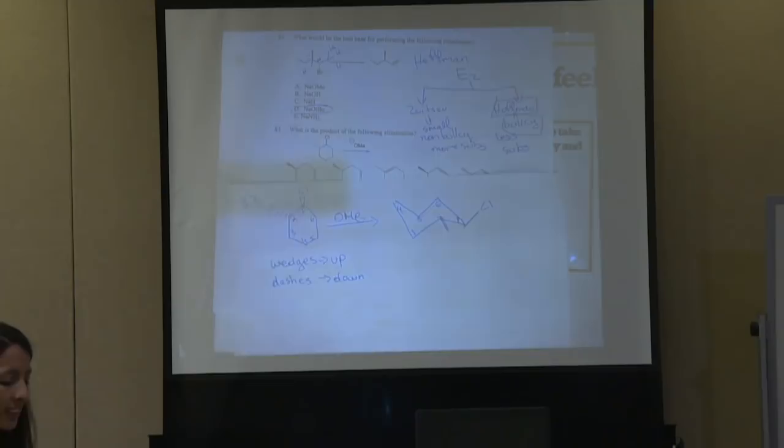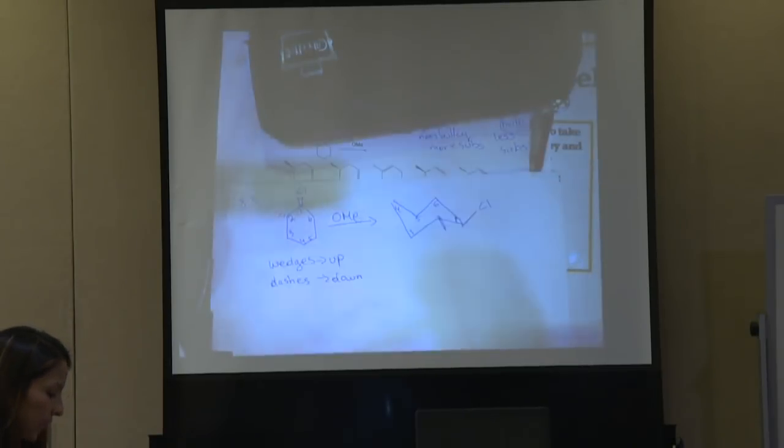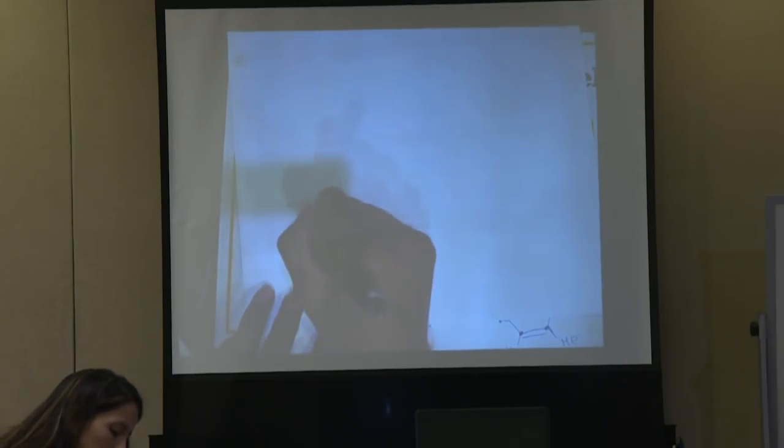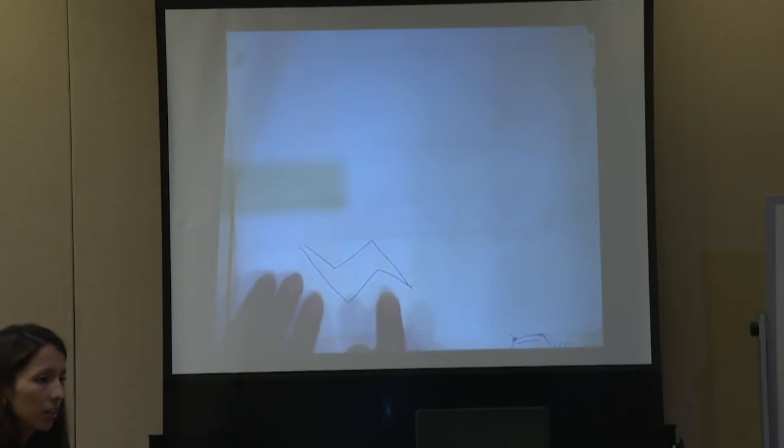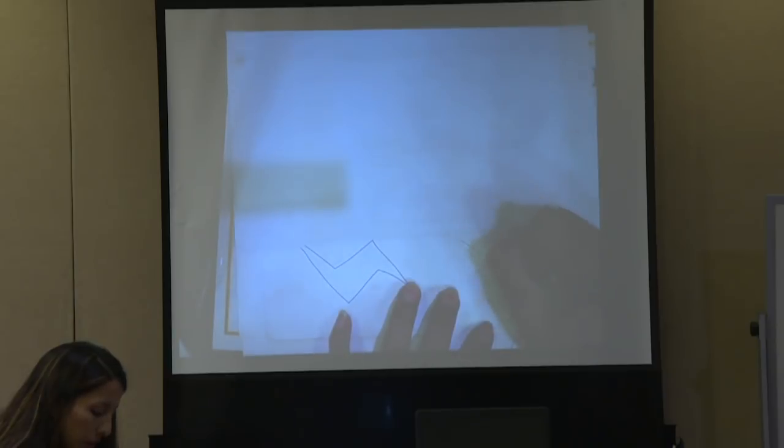Okay, let's do this, guys, real quick. All right, let's do a chair real quick. So when we have a chair, this might answer your question. We have this chair, or we have the other chair when it flips.